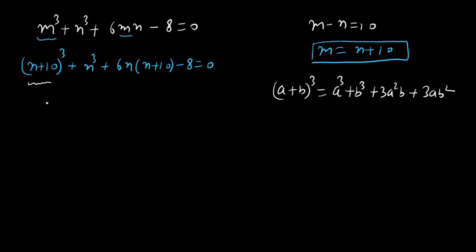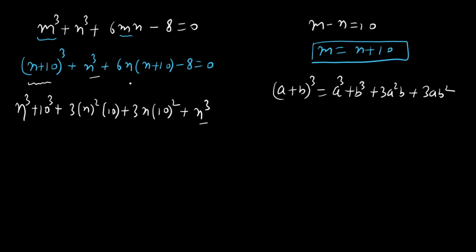If we apply this rule, then n power 3 plus 10 power 3 plus 3 n square times 10 plus 3 n times 10 square, plus n cube, plus 6n multiplied by n gives 6n square, and 6n multiplied by 10 gives 60n, minus 8, equals 0.